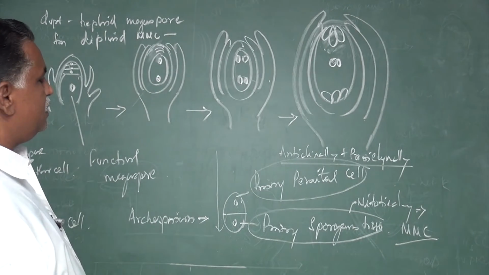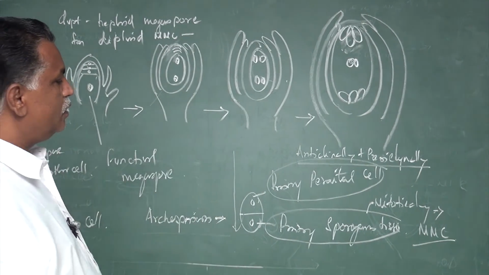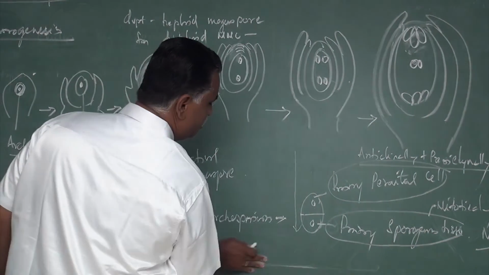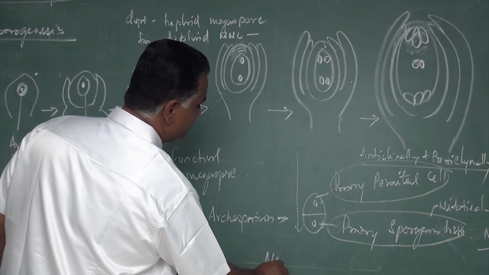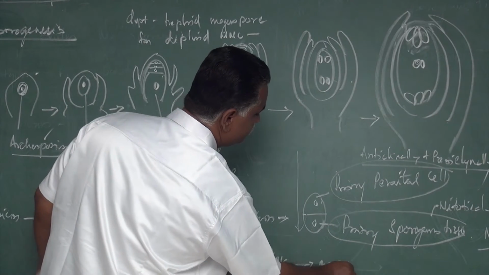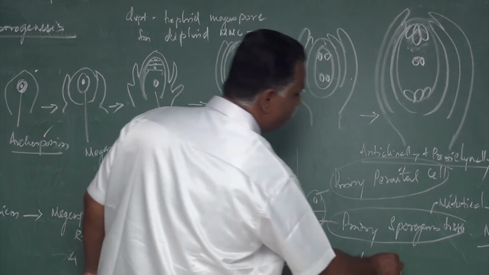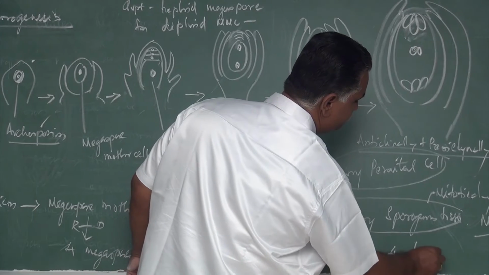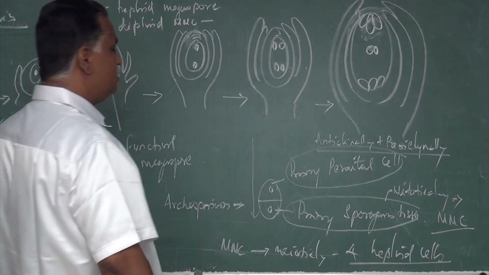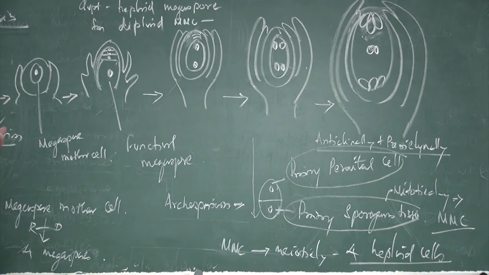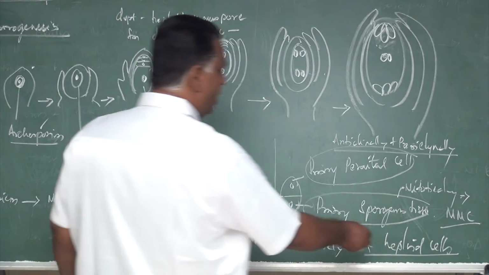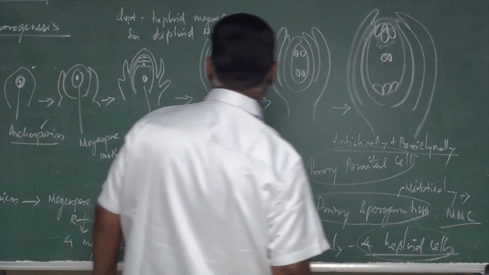This megaspore mother cell divides meiotically and produces 4 haploid cells. These are all megaspores, 4 megaspore cells.